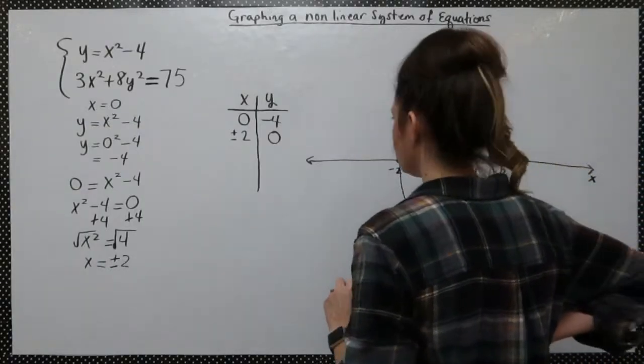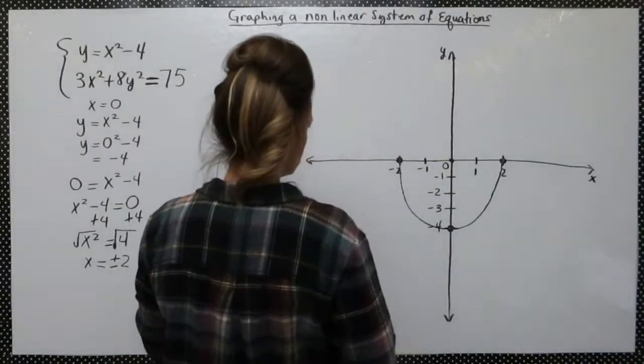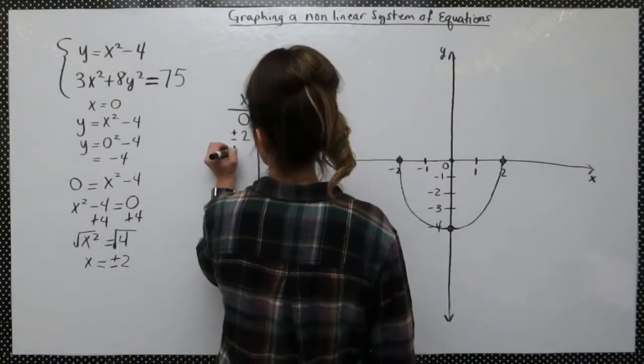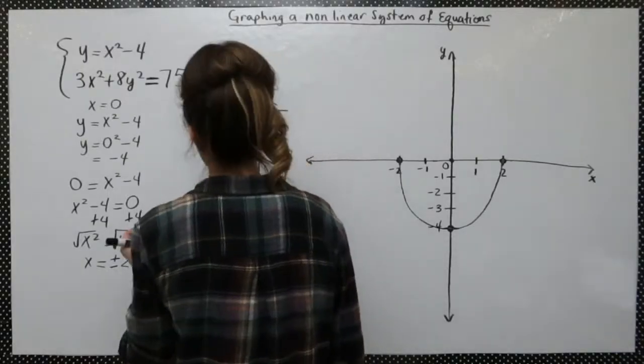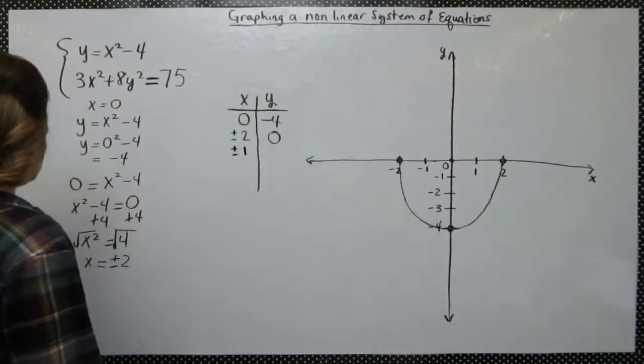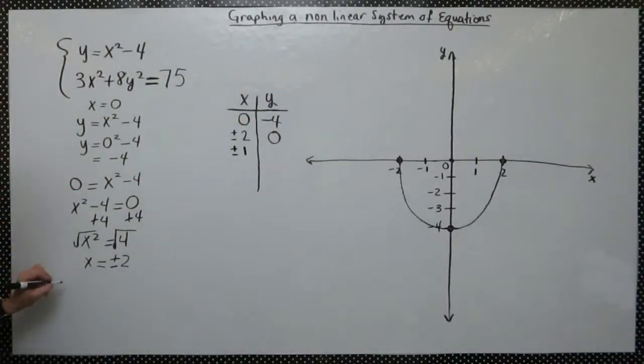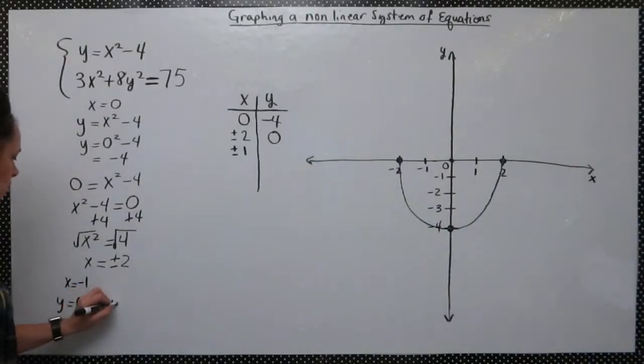And just to verify that point, we'll go ahead and see what's going on at positive and negative 1. So we'll just plug in x equals negative 1. And we've got y equals negative 1 squared minus 4.